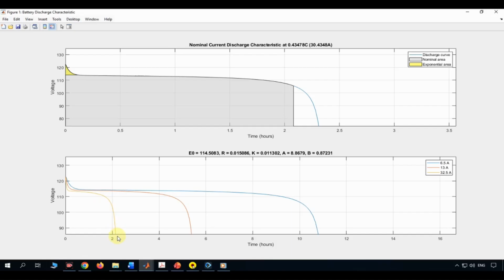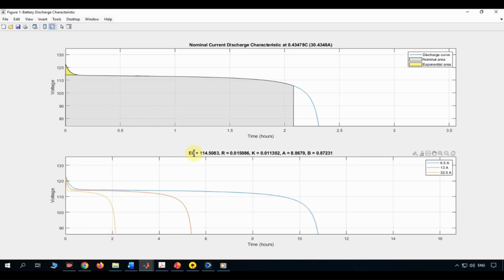At 32.5 amps, the blue curve, the battery depletes in roughly 2 hours. At 6.5 amps, the yellow curve, it lasts closer to 10 to 11 hours. This is the real-world trade-off between drawing more power and getting less runtime, directly visible in the simulation.